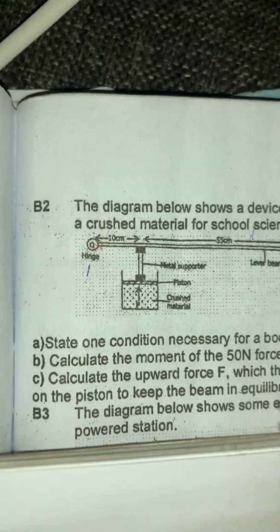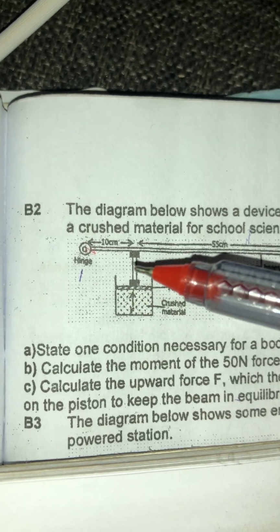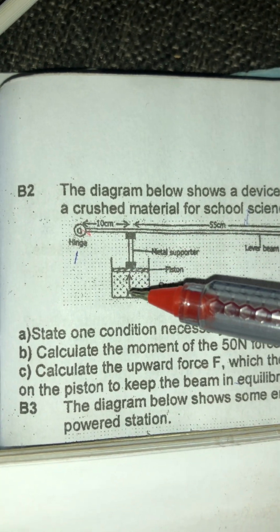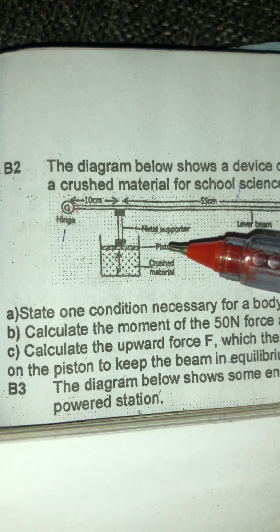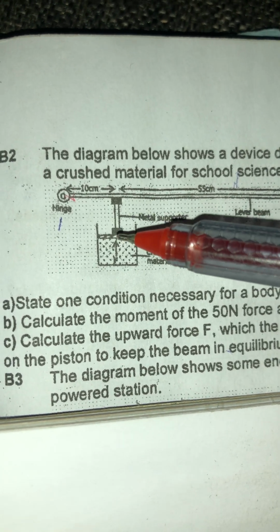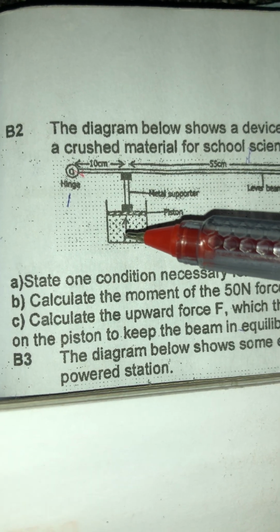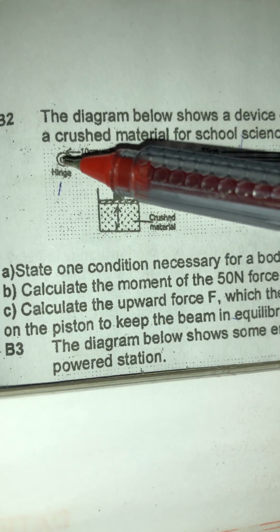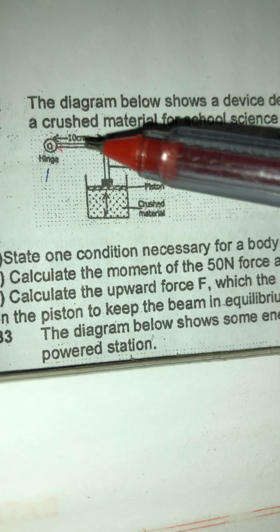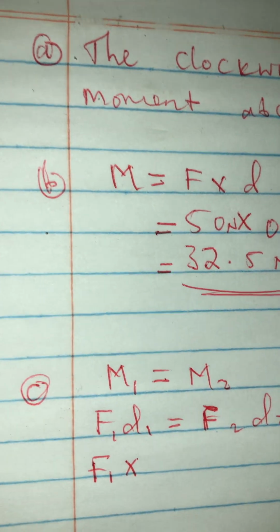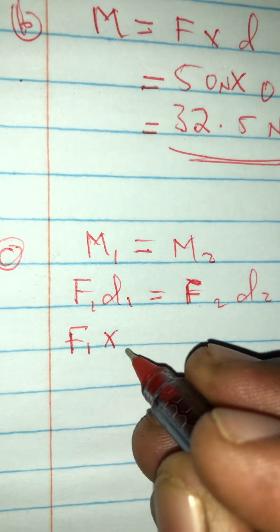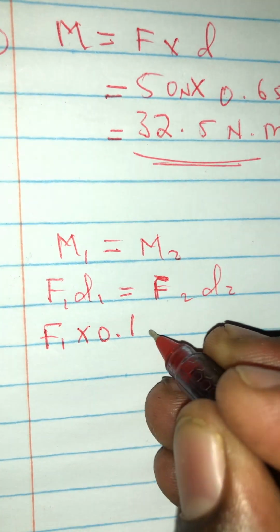So where I'm getting these things is from here. The F1 is the force that is exerting downward here on the piston. The force that is going downward here is the one that is going to be the F1. And then the distance from the hinge to where the force is acting is 10 centimeters. If we convert that 10 centimeters into meters, we're going to have 0.1.